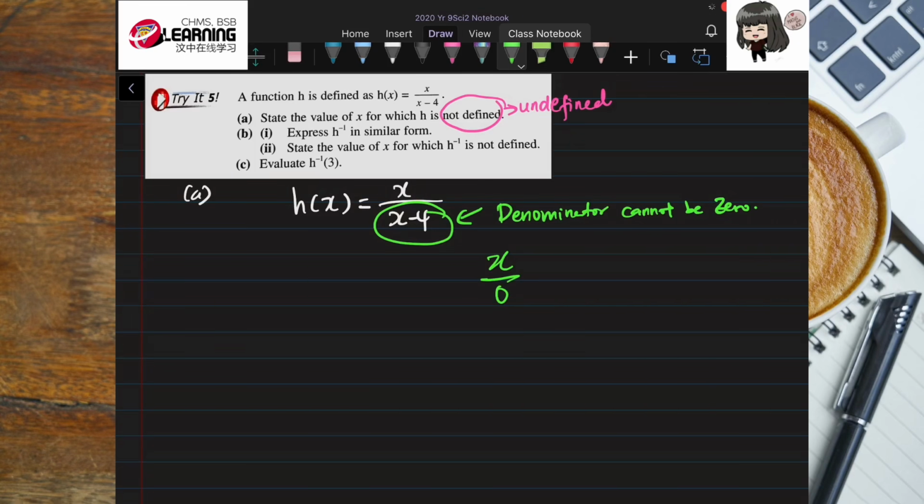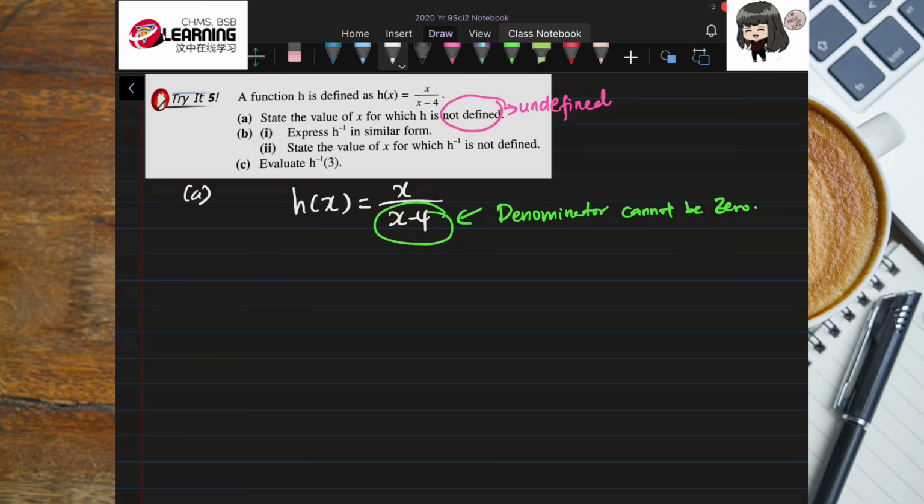It's not equal to 0. When you press it on the calculator, it's a math error. You can try 2 divided by 0 or 100 divided by 0, it is undefined. You cannot divide by nothing. It only becomes 0 when 0 is divided by a number, for example 0 divided by 2 equals 0. So if your denominator is 0, it will be undefined, and it will give you a math error on the calculator.